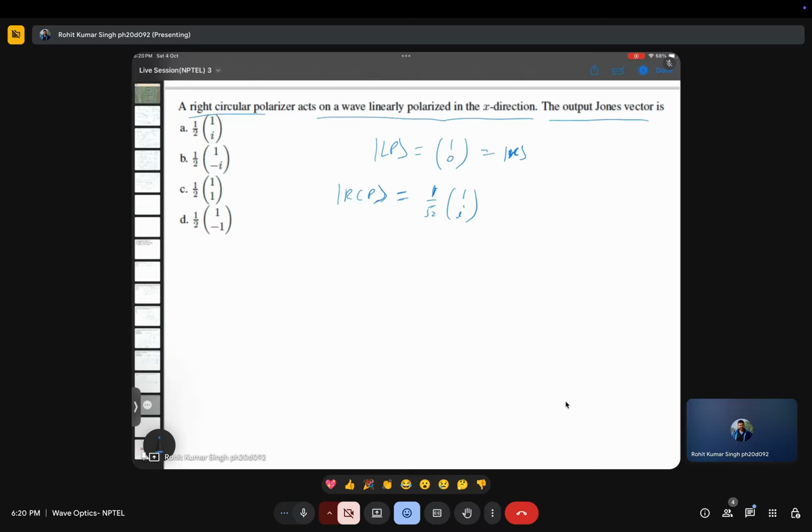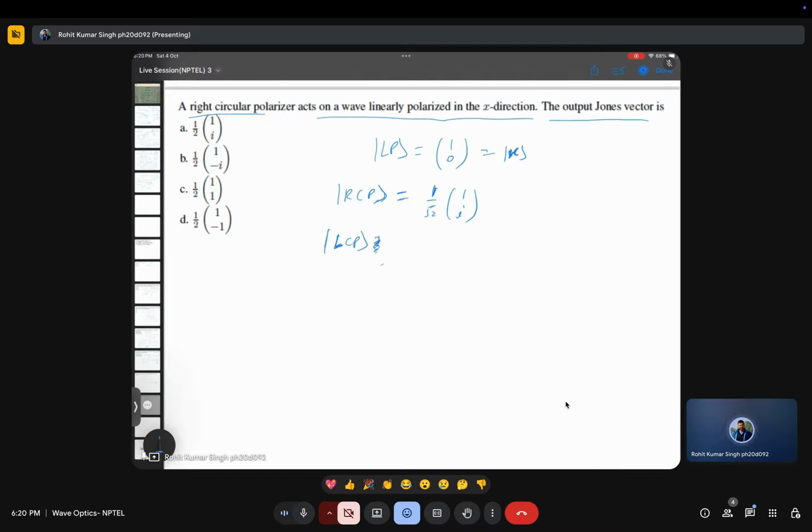We can write x as 1 by root 2 times RCP plus LCP. Like that? No, no. That will give you this, right? But you don't want this.